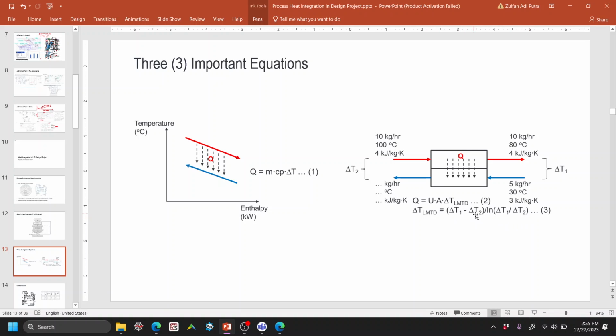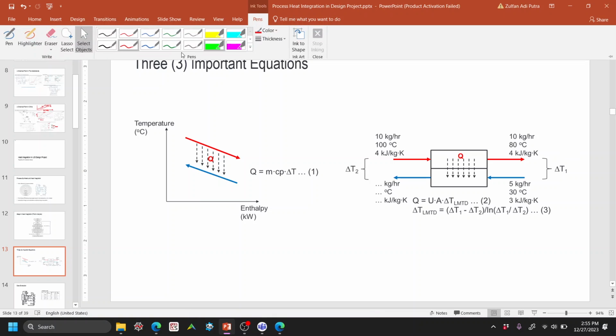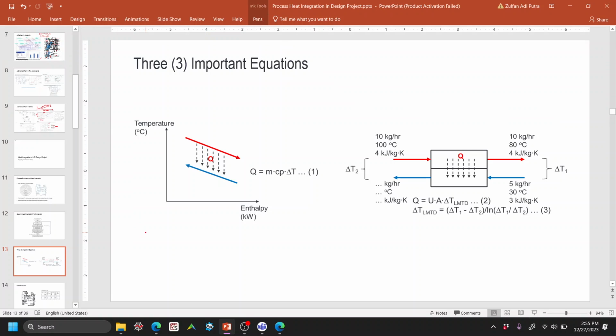So you don't need to memorize this. So basically, what you could do is, so this is your delta T1. For each of the heat exchangers, you can simply draw this, and then this is your delta T2, right?